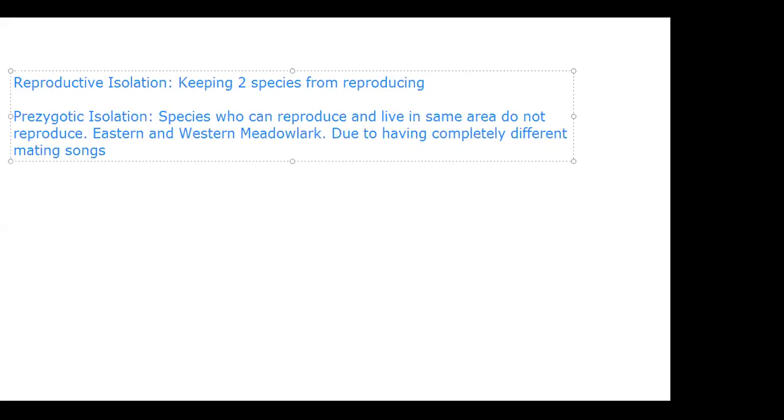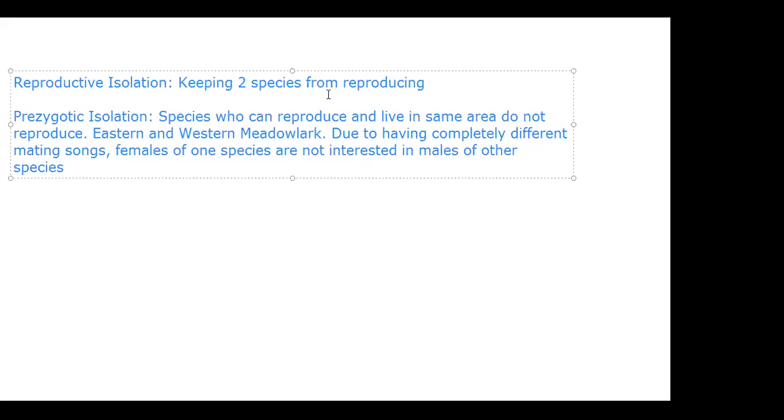Females of one species are not interested in males of other species. Just due to these different mating songs, there is absolutely no reproduction between the two sets of organisms.